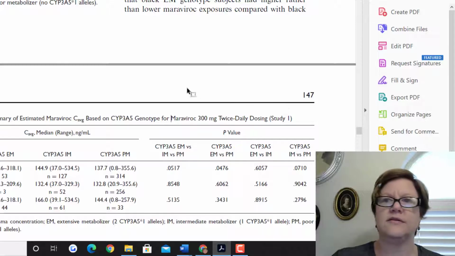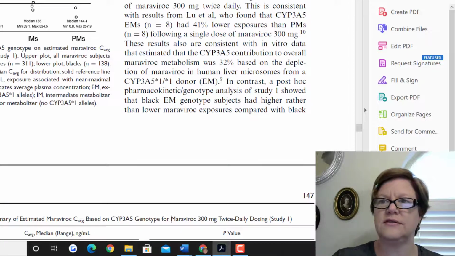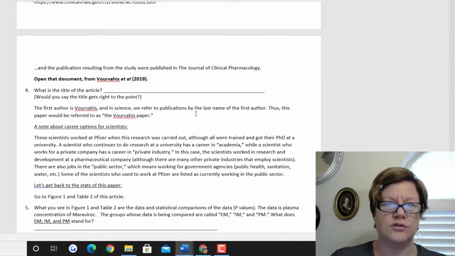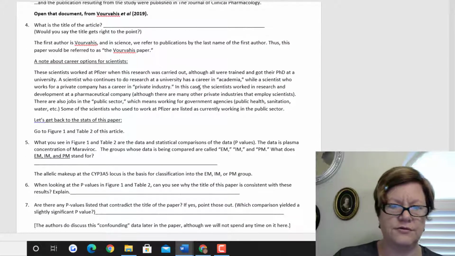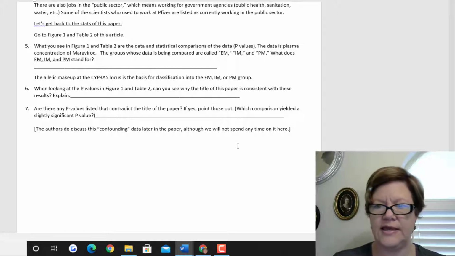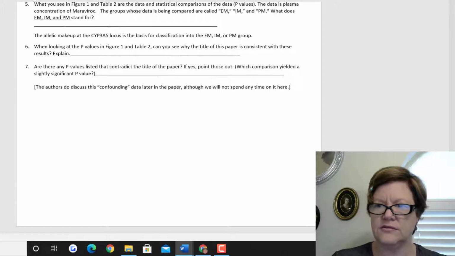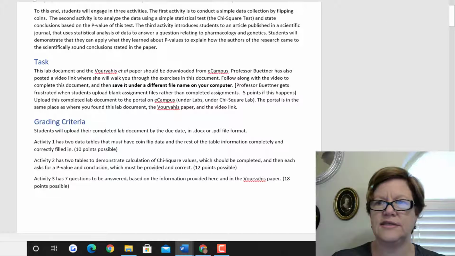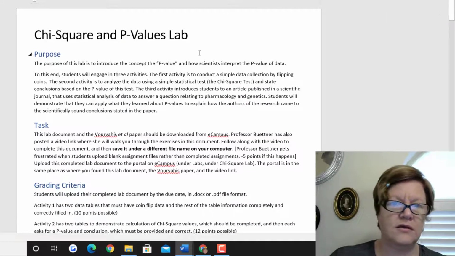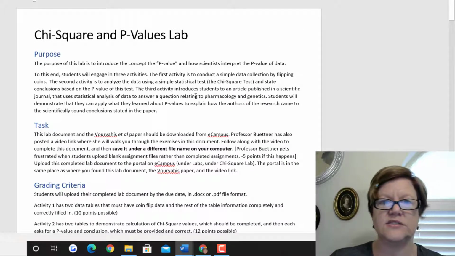So you'll spend a little bit of time, but everything you need is, like I said, in just a few places in this paper or in the worksheet that I've provided for you. Okay, so I hope you enjoy that. I don't think it's overwhelmingly difficult, but I've just developed this activity, so if you have any problems, let me know.